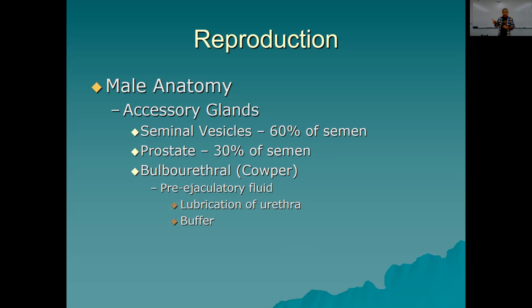Also, these are fragile little cells, and they can be expelled from the penis with real force, and they can hit the sides of the urethra and really get damaged. So this pre-ejaculatory fluid is really mucousy, so it provides a nice soft mucus layer around the urethra, so when the sperm get shot out during ejaculation, they're not injured.